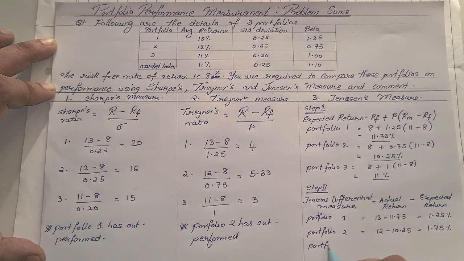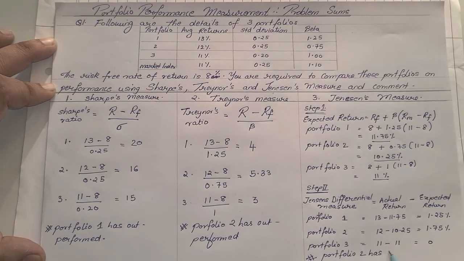And for portfolio 3, it would have been 11 minus 11, which would give me 0%. So now, based on Jensen's measure, the highest return which I can see is in portfolio 2. So based on the measurement, I can say that portfolio 2 has outperformed.